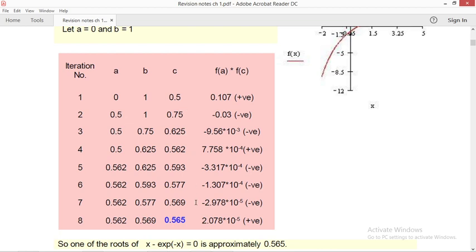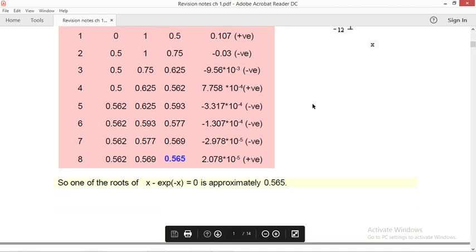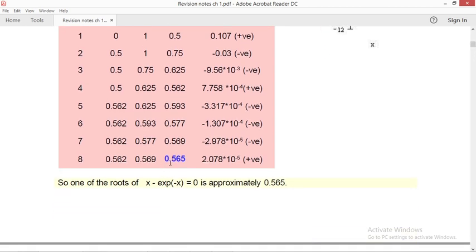Continuing these iterations, we will be reaching a point where we will be getting c as 0.565, a as 0.562 and b as 0.569.